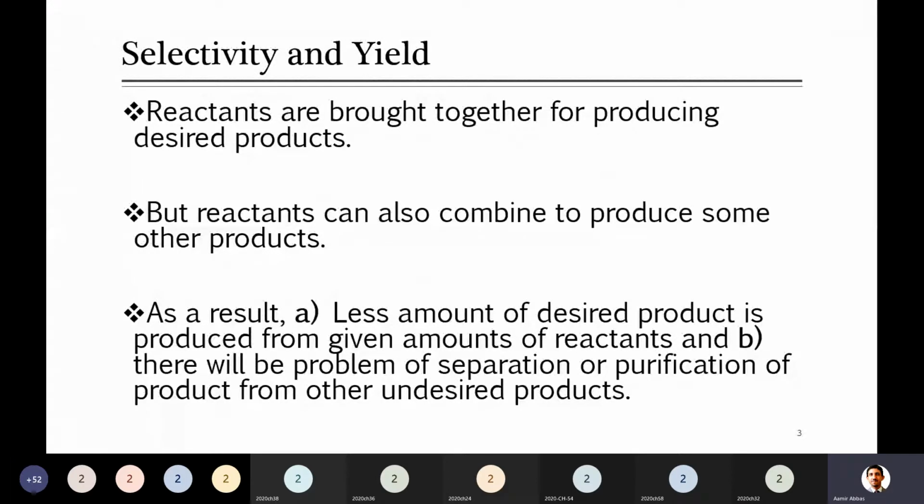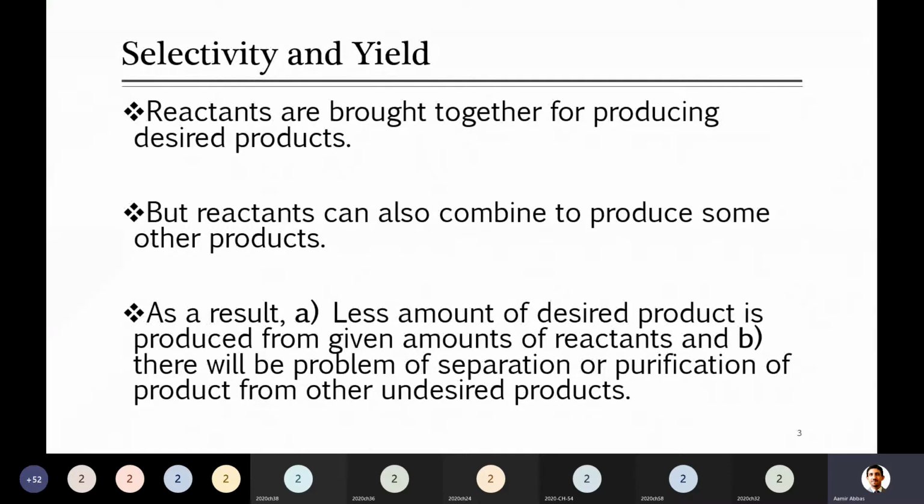And at the same time, another problem occurs: whenever you are producing one product and other products are also produced, you will come across the problem of purification or separation, because at the end your purpose is to get one desired product, and all other undesired products you have to separate.